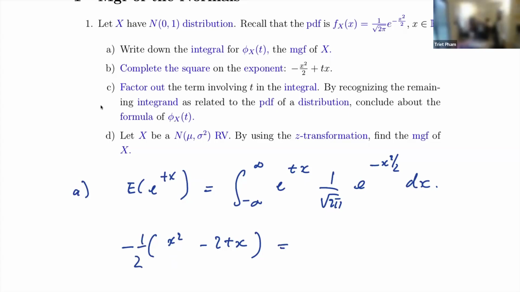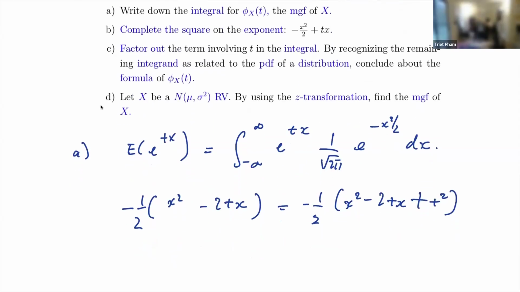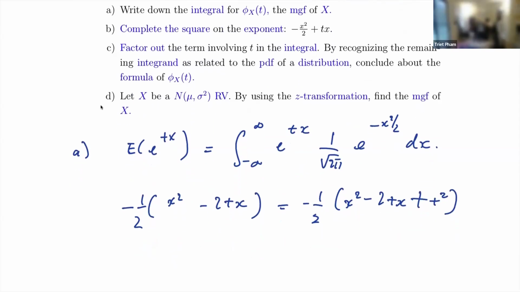We need a t squared. And so, of course, you have to return the t squared, so you have a t squared over 2 outside. And that would become... Okay. Any question about this?